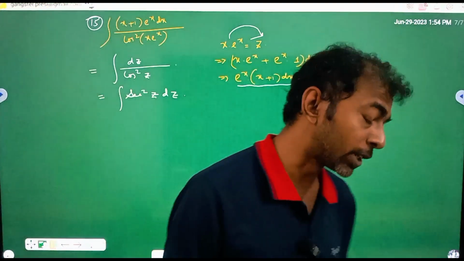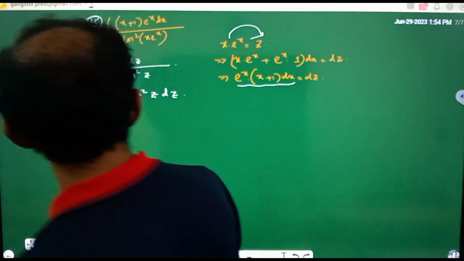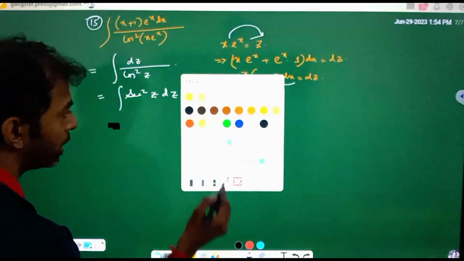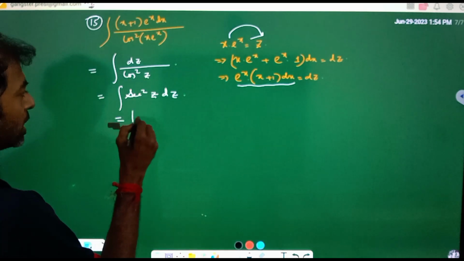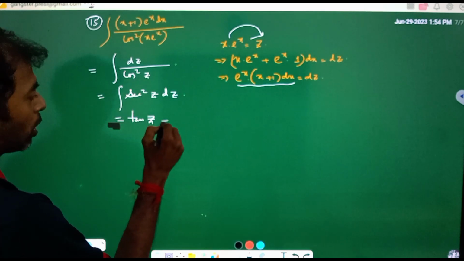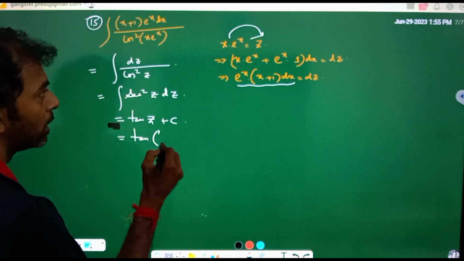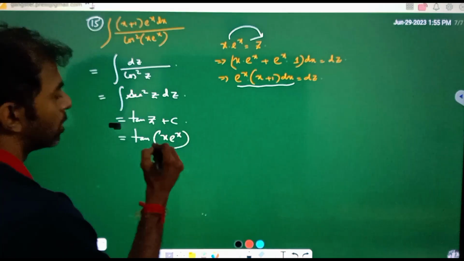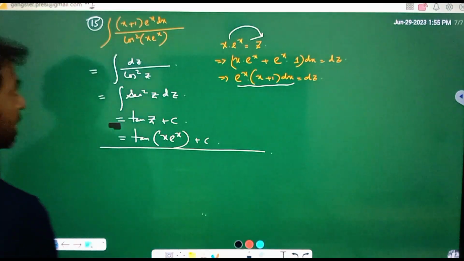Integration of sec squared z will be tan z plus c. So the result will be tan z plus c, and the value of z is x e to the power x. That's our problem, where c is our integral constant.